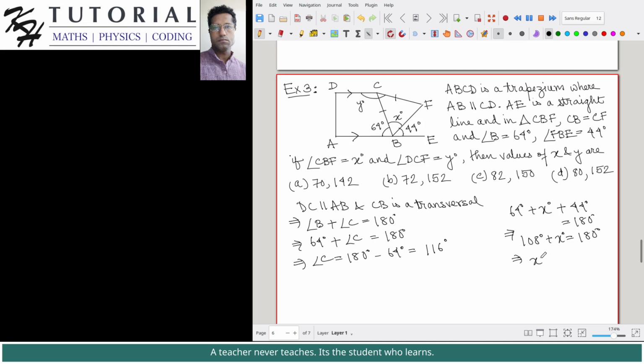This implies x degrees is equal to 180 degrees minus 108 degrees, which is equal to 72 degrees.